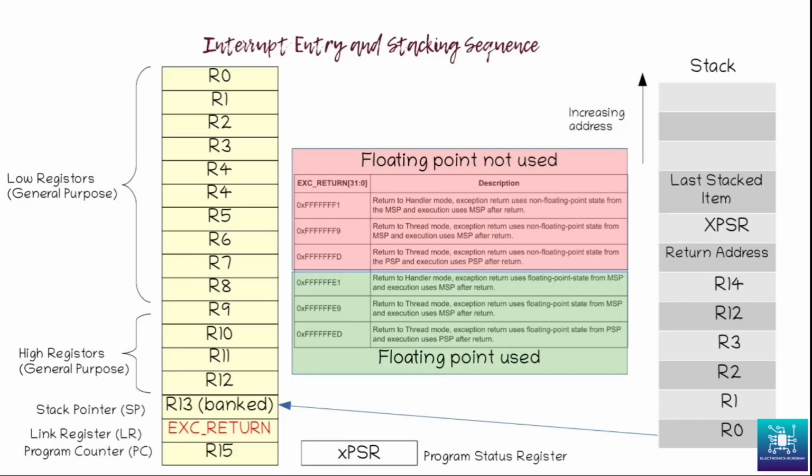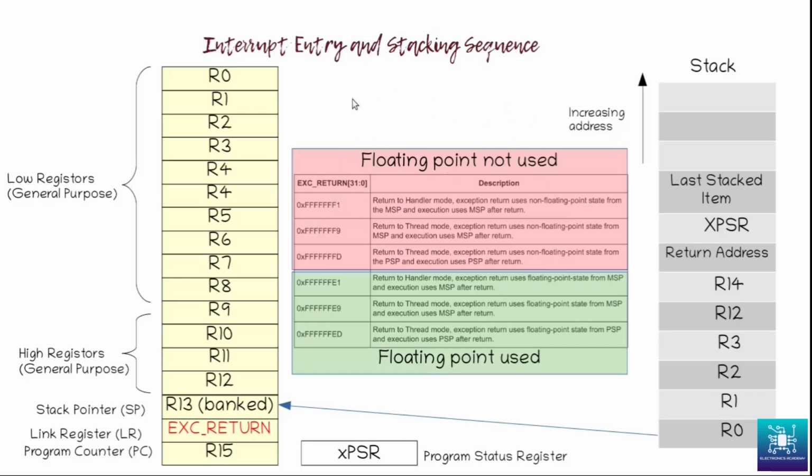So to do that, instead of saving the program counter in the link register, it has to save this number, and the program counter instead is saved onto the stack, as we saw. Now, let us go through these values one by one and see what they stand for.